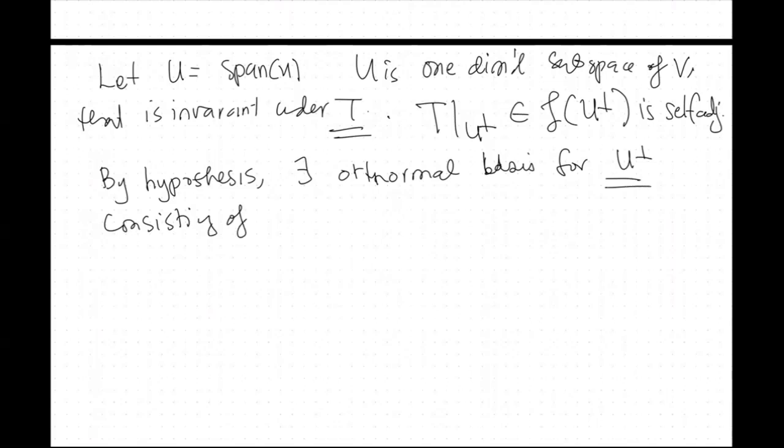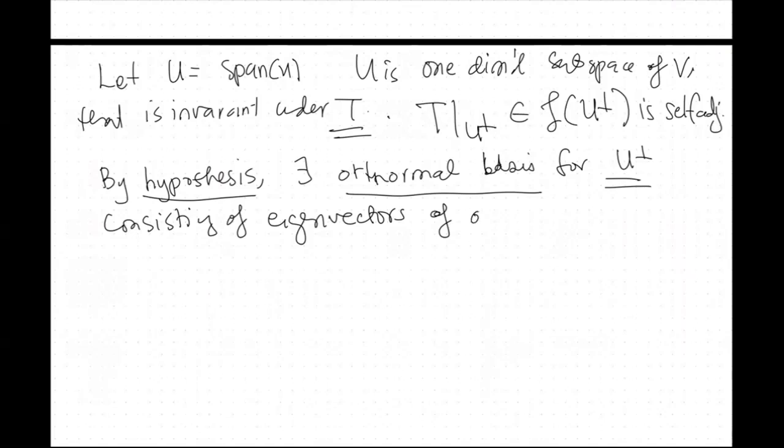This is basically true because U perp has a smaller dimension than V. Applying our induction hypothesis, we get U perp has an orthonormal basis consisting of eigenvectors of our operator T restricted to U perp.